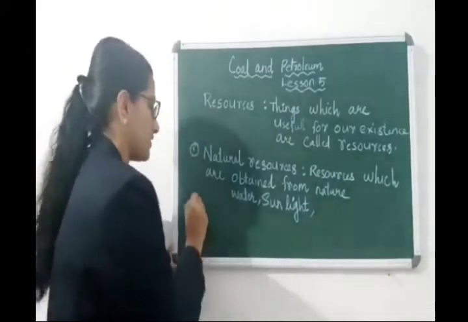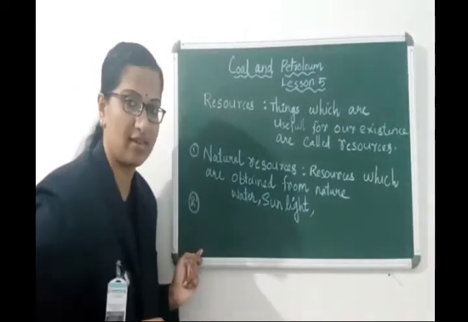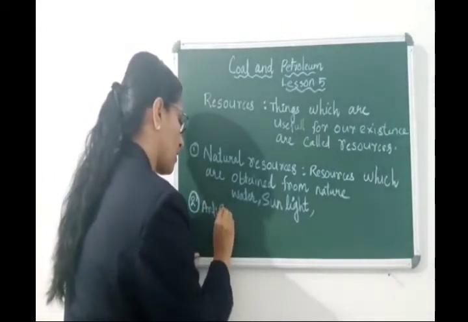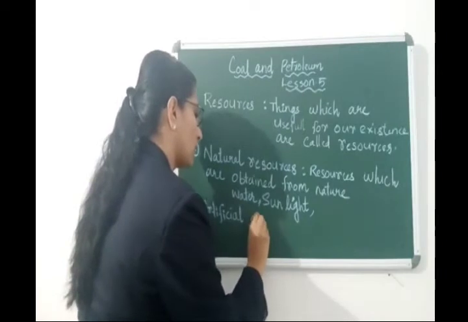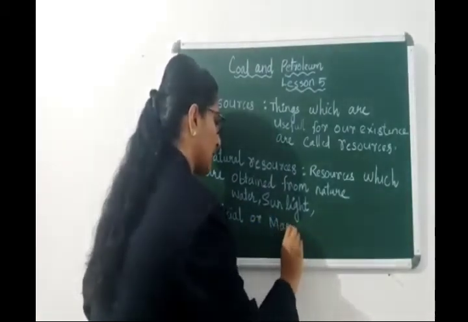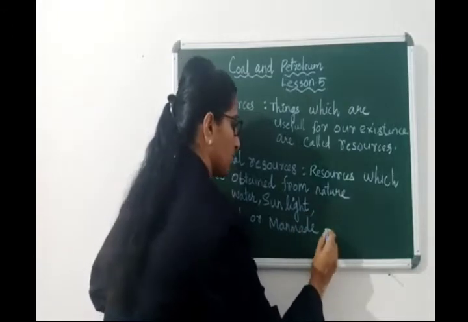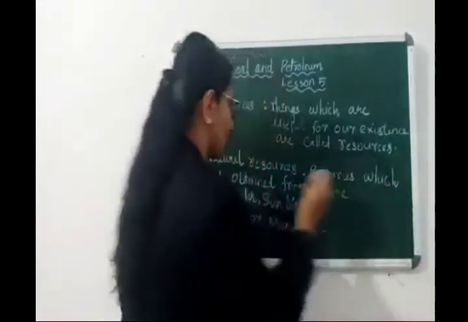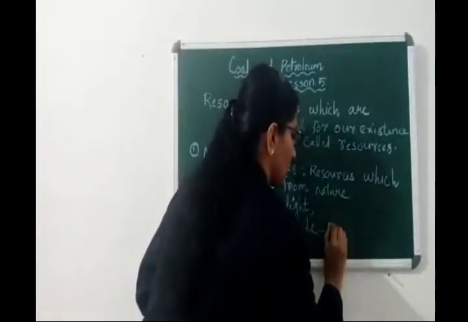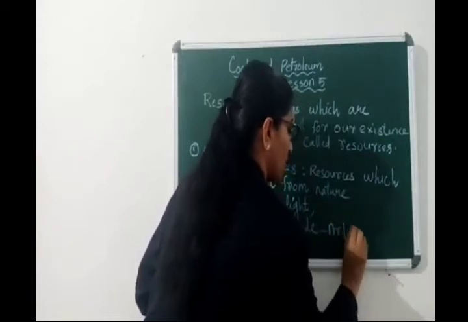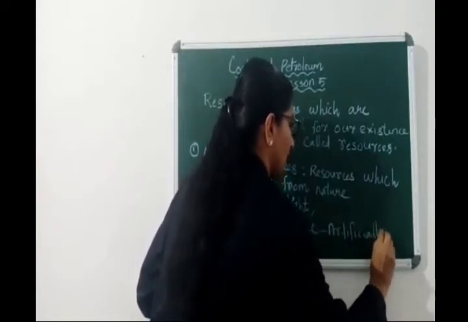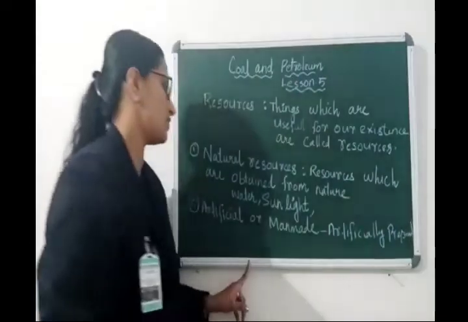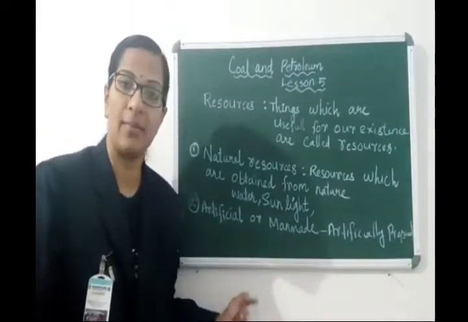Students, what is the next classification? The next classification is the artificial or man-made resources. How will you write the definition? The resources which are obtained artificially, or artificially prepared resources, are known as artificial or man-made resources.